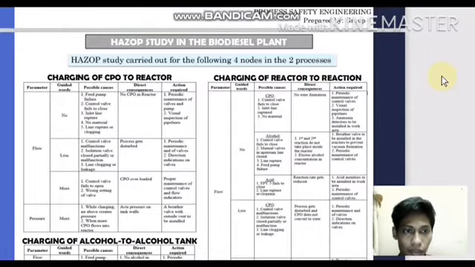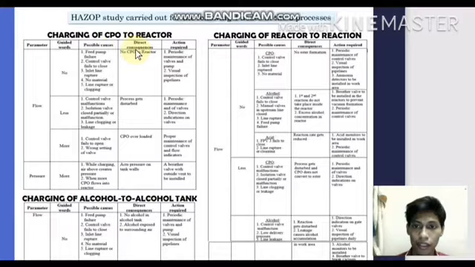First I will brief about charging of crude palm oil to reactor. In these cases, we determine the possible cause, direct consequence, and action required if there is no, less or more flow in this charging process, and we also determine what will happen if there is more pressure involved in this charging process.